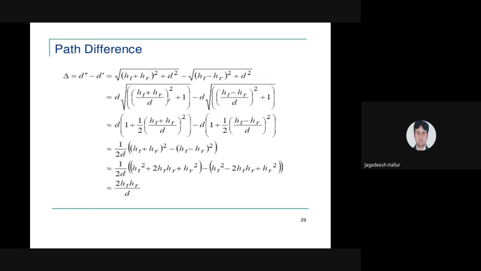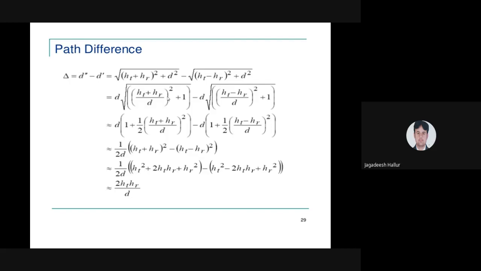If you remove all the brackets here, the ht^2 will get cancelled and the hr^2 will get cancelled, and the final equation will be 2 ht hr divided by d.